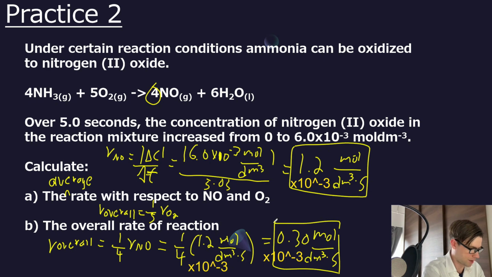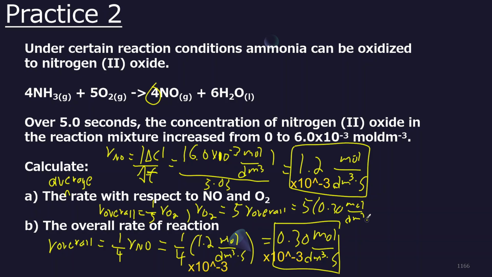Very useful, because now we can say the rate with respect to O2, multiplying both sides of that equation by 5, is 5 times the overall rate. So 5 times 0.30 gives us 1.5 mole per decimeter cubed per second.